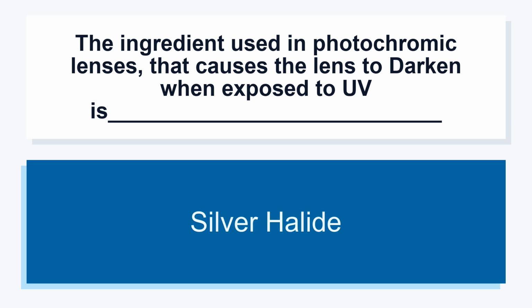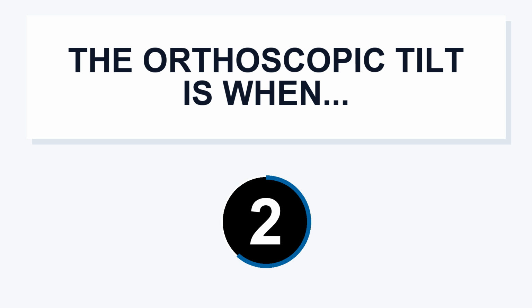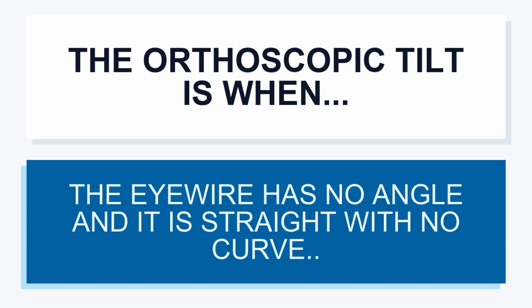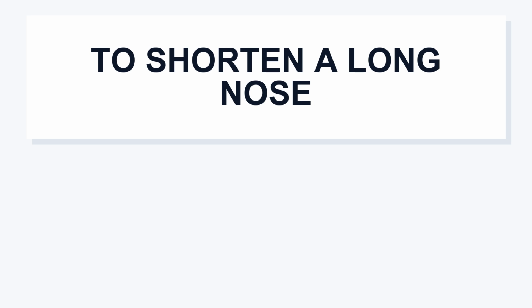Silver halide. The orthoscopic tilt is when the eyewear has no angle and it is straight with no curve. To shorten the long nose.